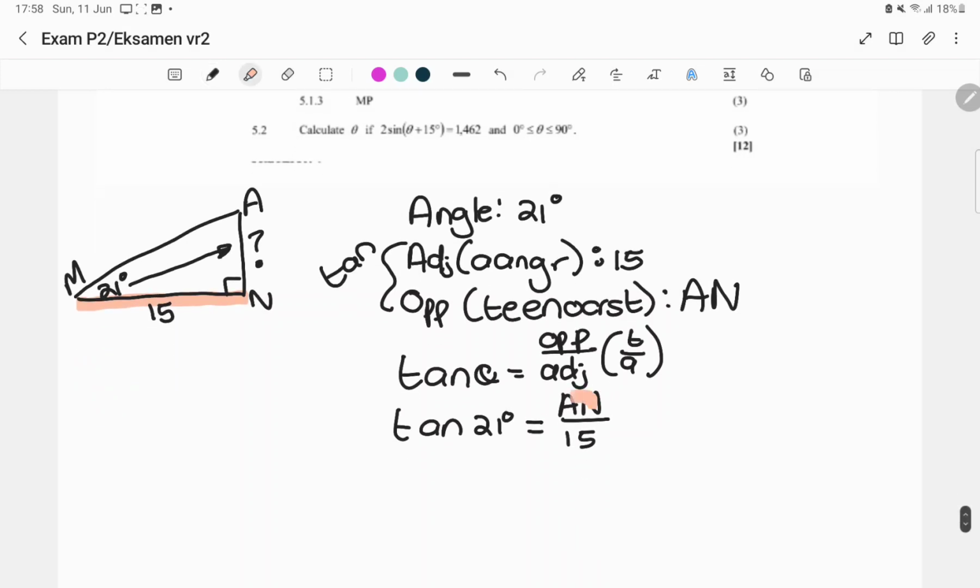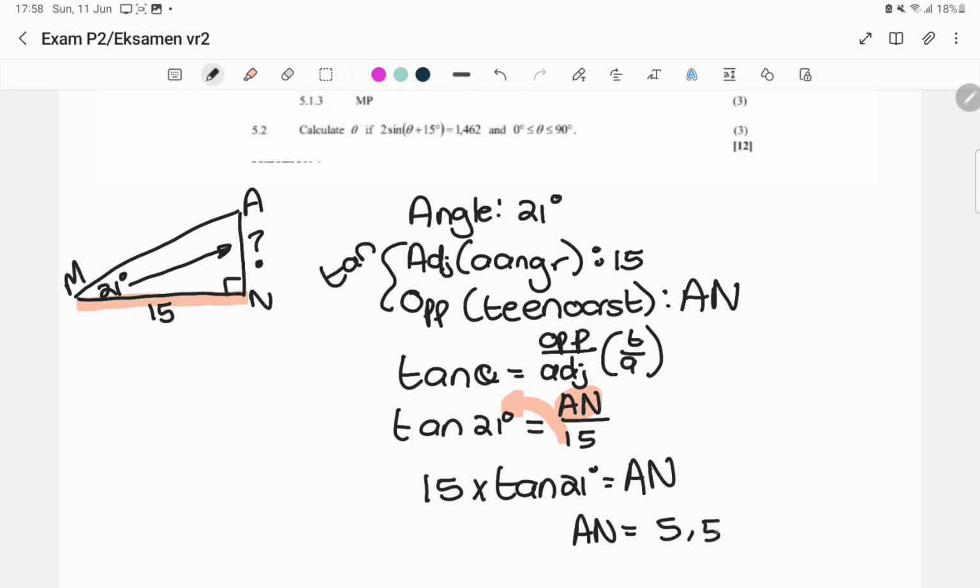To get AN alone, I have to take the 15 over, and when I take it over, it's going to multiply. So I have 15 times tan 21 equals AN, which gives me 5.76.